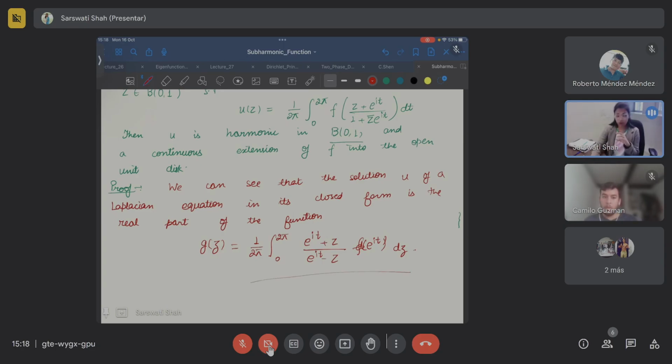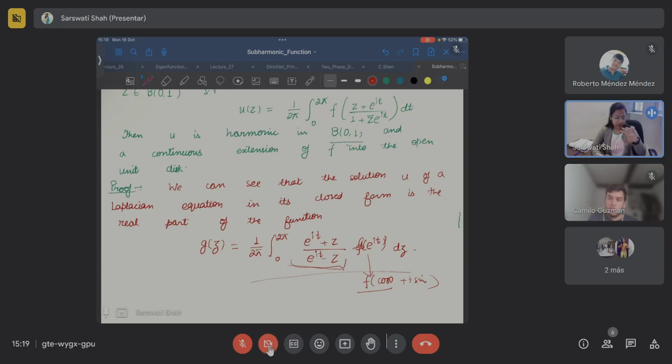Now f of e to the power iota t is coming, so basically it will be f of cos theta plus iota sin theta, and when we are taking only the real part of this function, that was the boundary condition defined on the boundary of that circular region. What was the real part of this function?